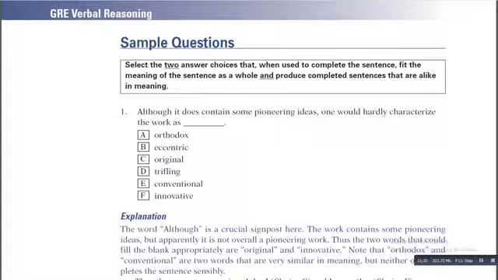One would hardly characterize the work as new stuff. Anything that is opposite to pioneering should be here, because of this although, I've already shown that this part is in contrast to the second one. So this is the first sentence, comma, this is the second sentence here. So this one should be the opposite of pioneering. Why? Because of this although already showing it.